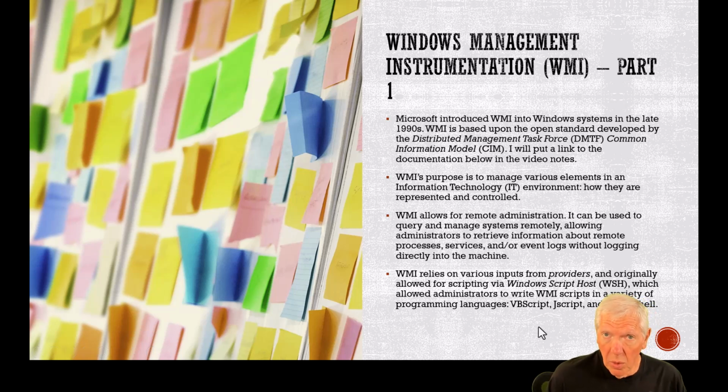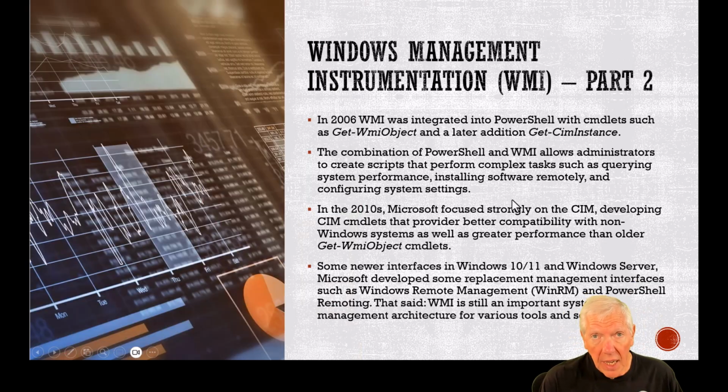So there was a Windows scripting host which could use Visual Basic Script, JavaScript, or PowerShell. So you could write scripts. You can still do that. So you can still write PowerShell scripts for WMI.